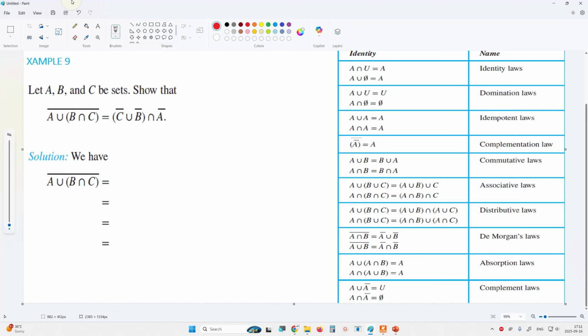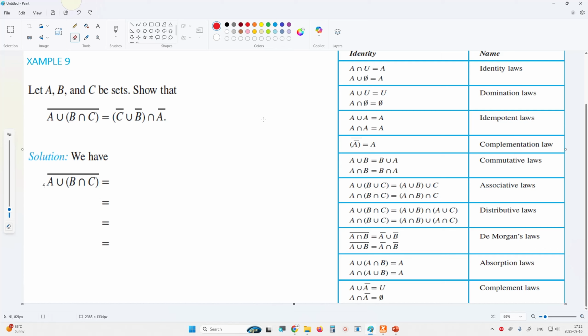All right, so starting from here, we would like to do some equivalences and identities to reach this. The first thing we can do is apply De Morgan's law on this one, right?